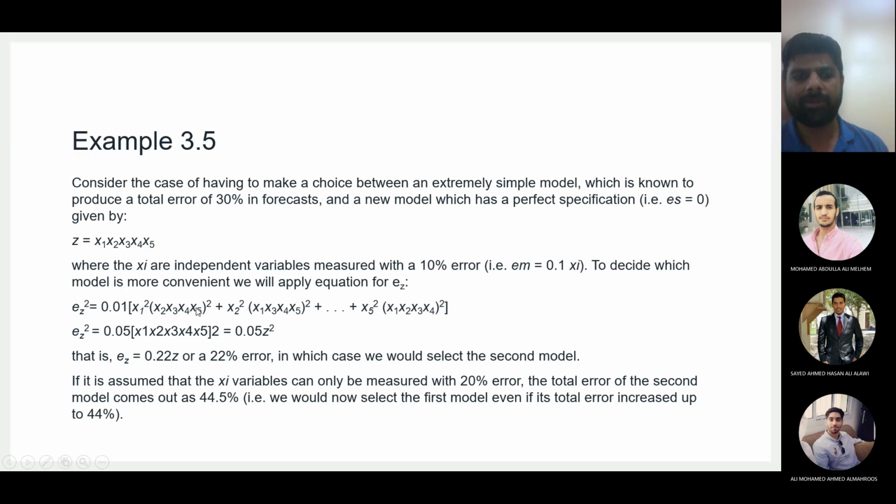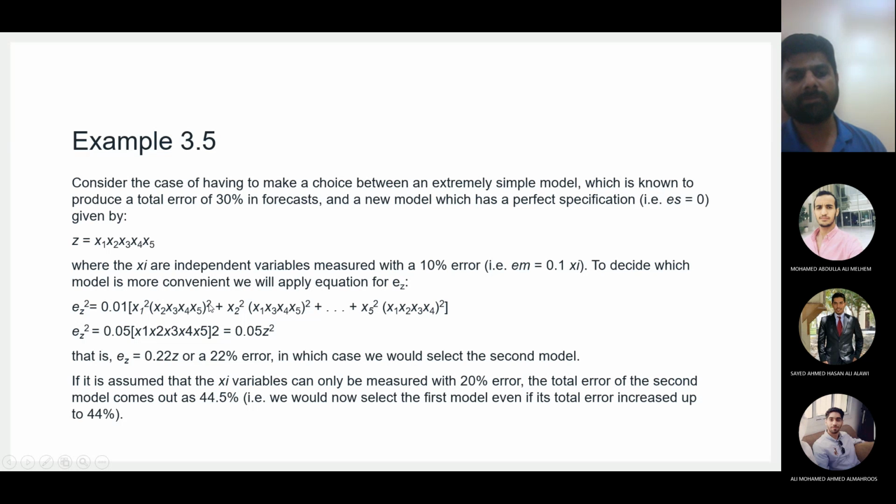Then you are left with, so the partial differentiation, this is for x1, so you don't see x1 here. This is for x2, so you don't see x2 here, and so on. And the error term was 0.1 squared into x1 squared. So 0.1 squared is outside, and x1 squared is there. Now you can see here, in all cases, I have x1 squared, x2 squared, x3 squared, x4 squared, x5 squared.